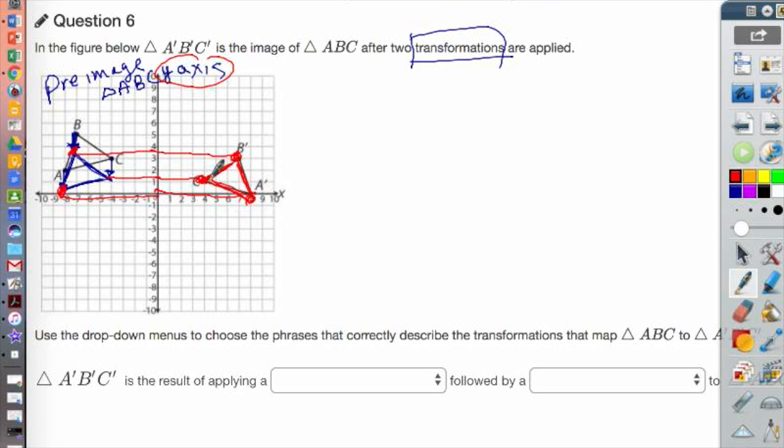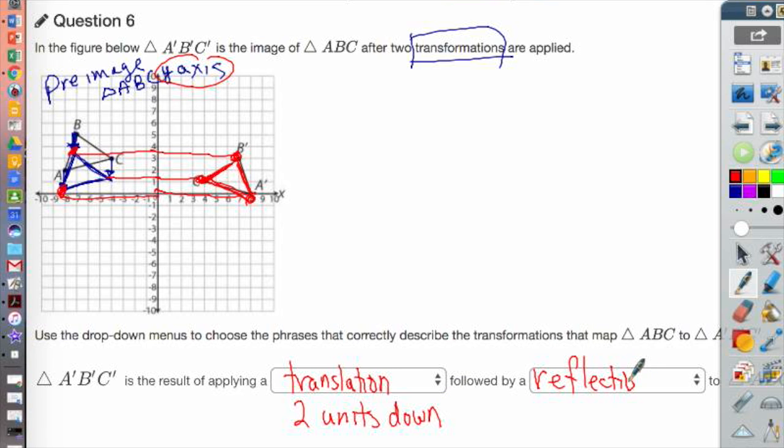So what your options were here: the image is a result of applying a translation 2 units down, followed by a reflection.